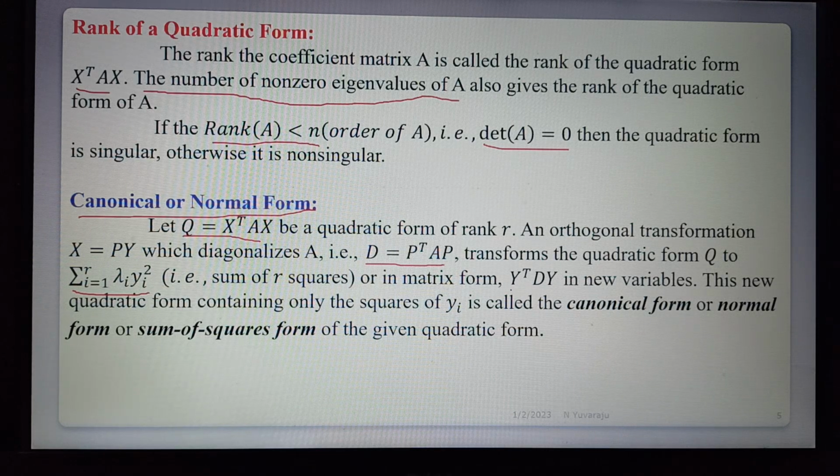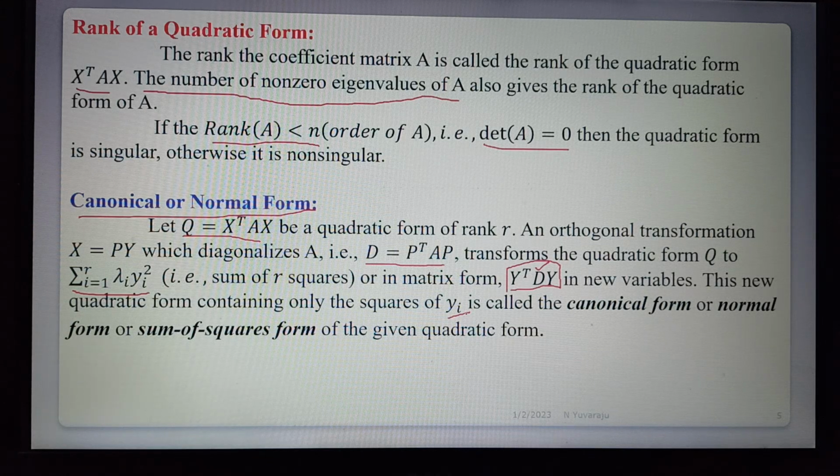The new form is Y transpose D Y. Here Y is the matrix of new unknowns and D is the diagonal matrix of the given matrix. What is the diagonal matrix here? Using the orthogonal transformation method, the diagonal elements must be the eigenvalues of A. So this new quadratic form contains only the squares of yi, that is y1 square plus y2 square plus y3 square and so on.